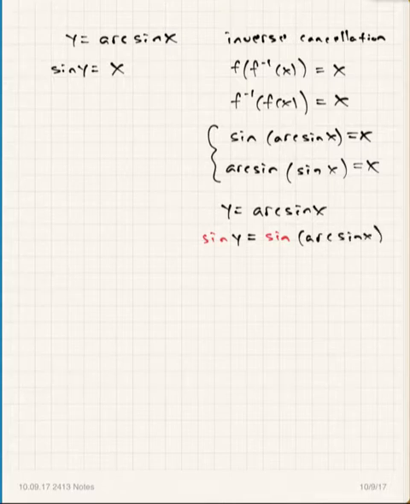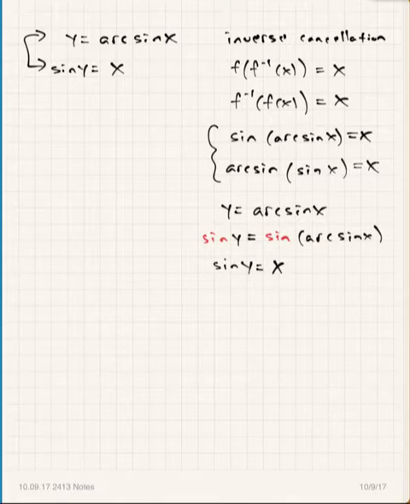And what do you get? You get sine y is equal to x, just like we saw above. The key here is that you just need to know that these two are equivalent statements: if y is arc sine x, then sine y is equal to x.